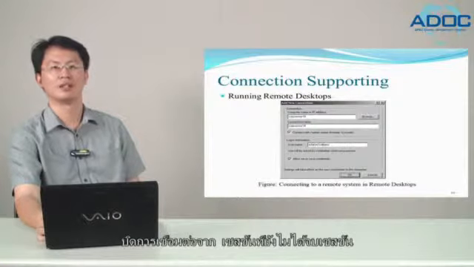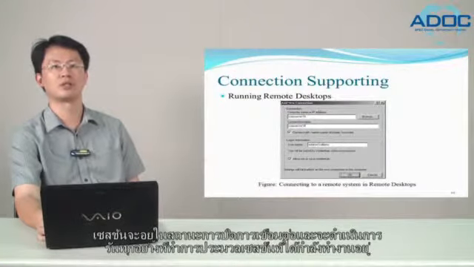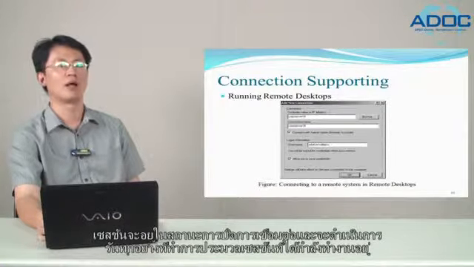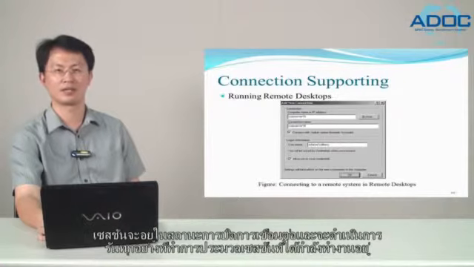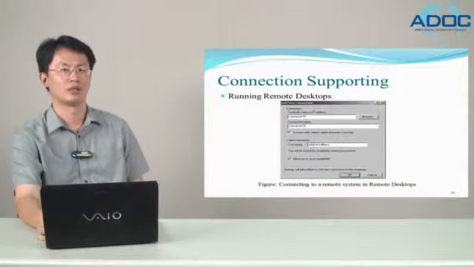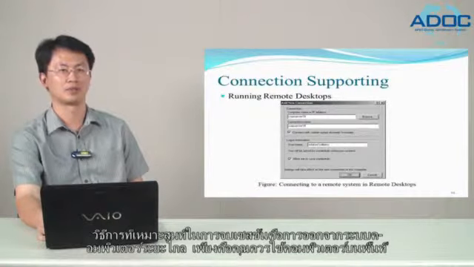Disconnecting from a session does not end a session. The session will go into a disconnected state and continue executing whatever processes the session was running. And the proper way to end a session is to log off the remote computer, just as you would a local computer.